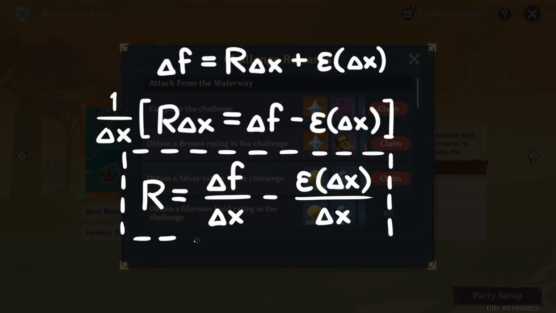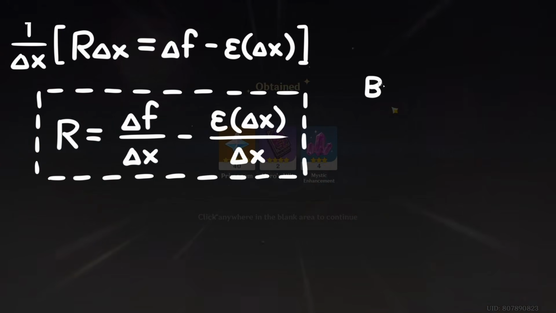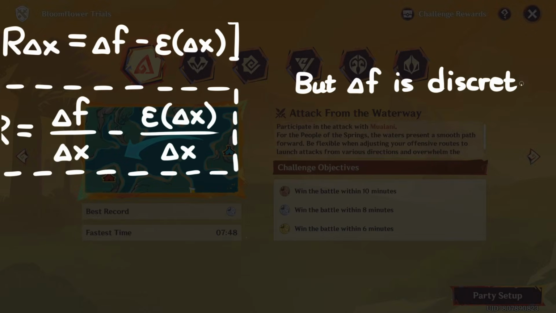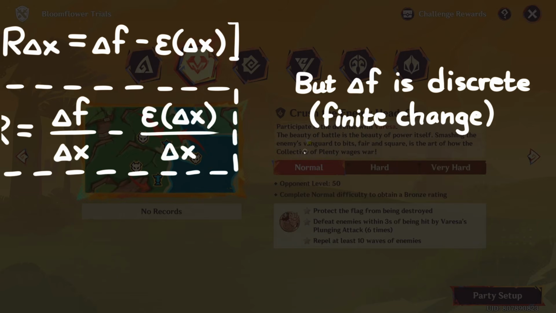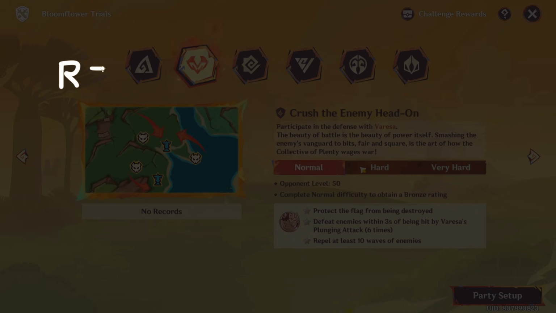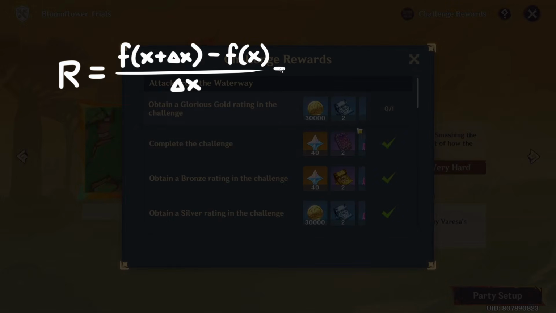Here's the thing. Notice that we're technically considering finite changes in f and x. But remember from our hiking example, if we choose only 2 points, we fail to capture everything that occurs between them. This means we need delta x to be 0.